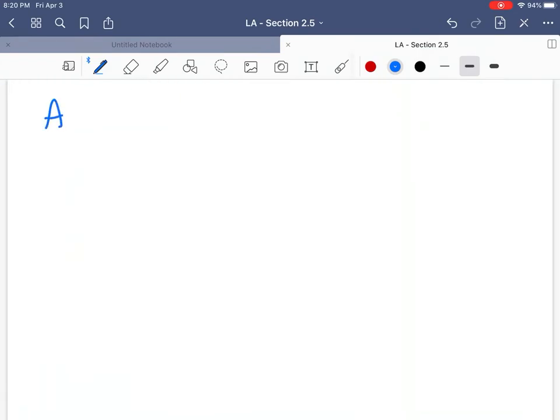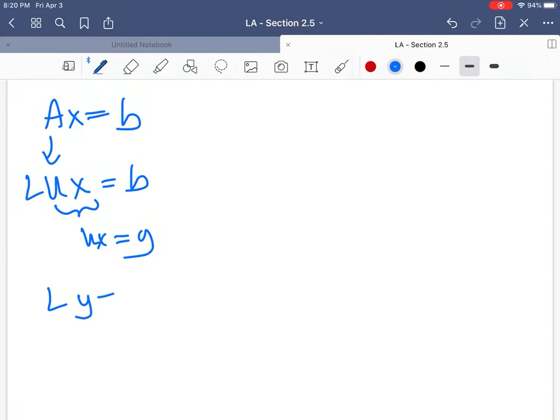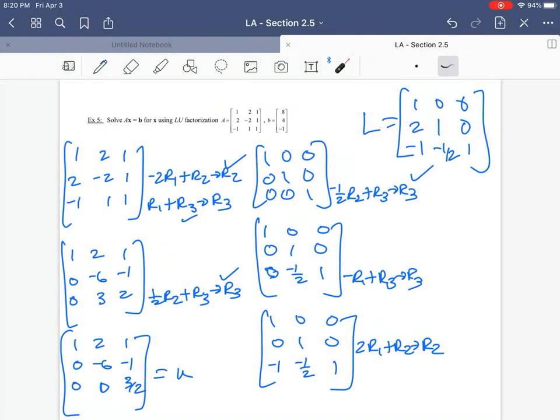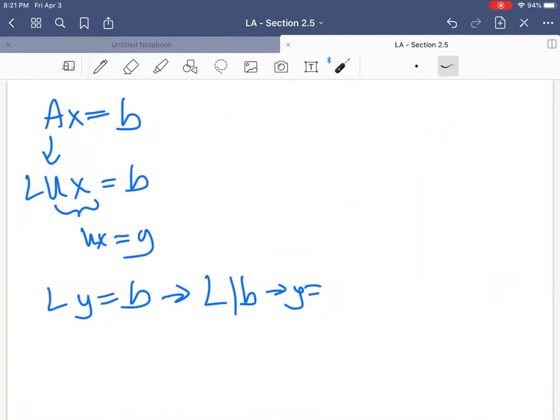Remember, I have AX equals B. A is broken up into L and U times X equals B. I take UX equal to Y, so then I have LY equals B. So I take the lower matrix I just found, augment it with B, and row reduce it. This will give me Y.